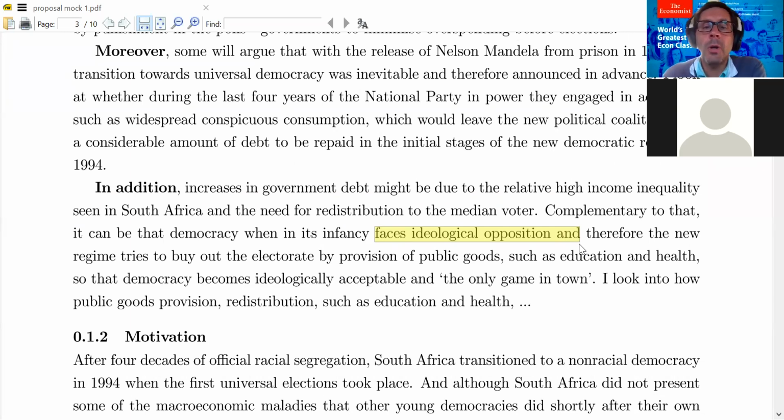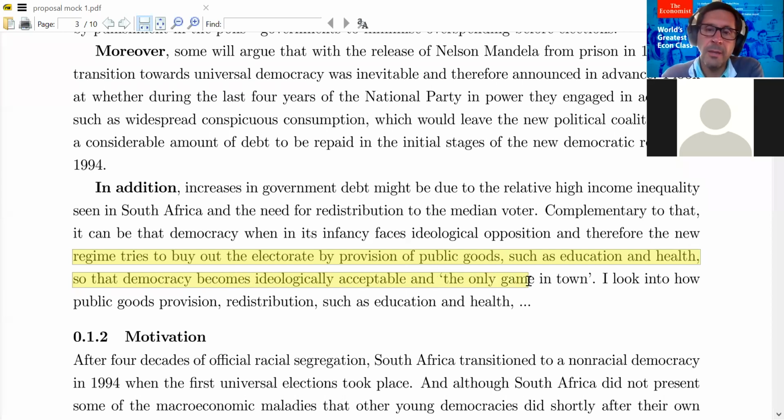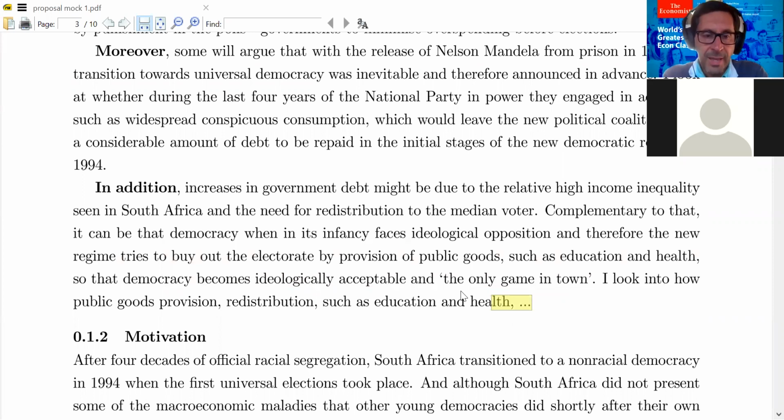So the new regime would face ideological opposition, and therefore the new regime tries to buy out the electorate by provision of public goods, such as education and health, so that democracy becomes ideologically acceptable and the only game in town. I look into how public goods provision and redistribution, such as education and health, affect public debt before and after 94.